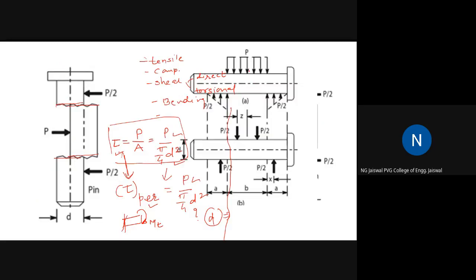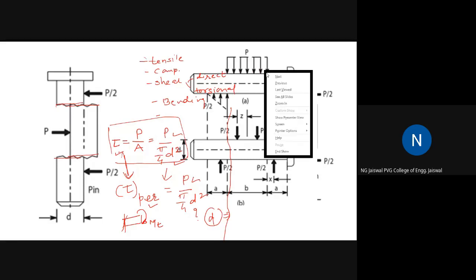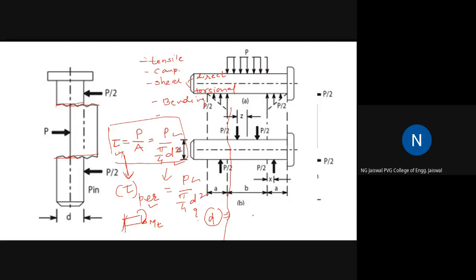The only thing is that instead of showing a single point force, the force is shown as distributed along the surface of contact, because contact is not at a single point, it is at several locations. Therefore, you can spread the same force along the contact area. If I simplify this problem, this diagram is very much similar to this diagram.